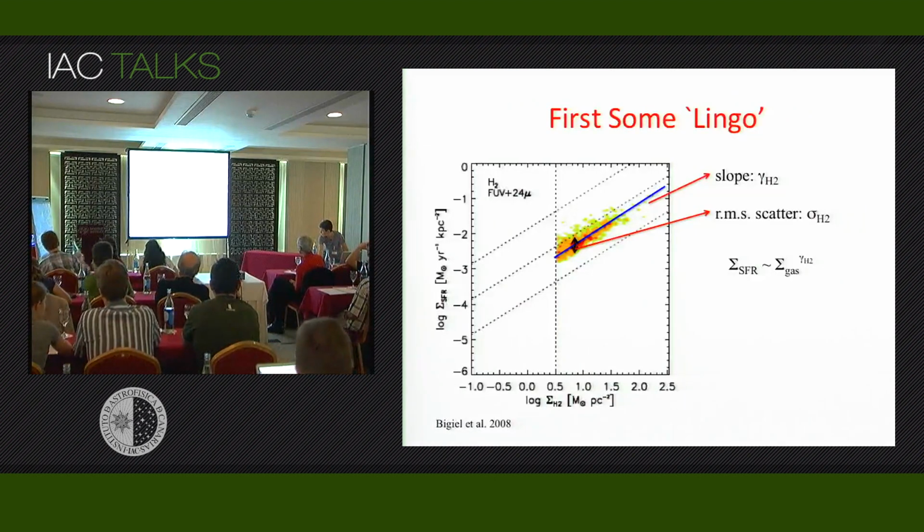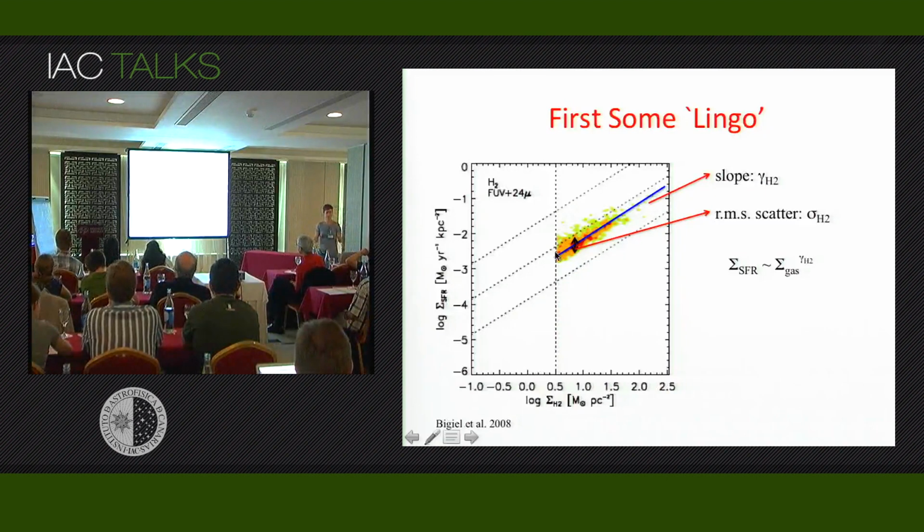So before I proceed, I just wanted to clarify some lingo, because this will appear over and over. This is a plot by Bigiel et al., showing again, and I will show this plot until you are practically bored to death, the star formation rate density as a function of the gas density in H2.